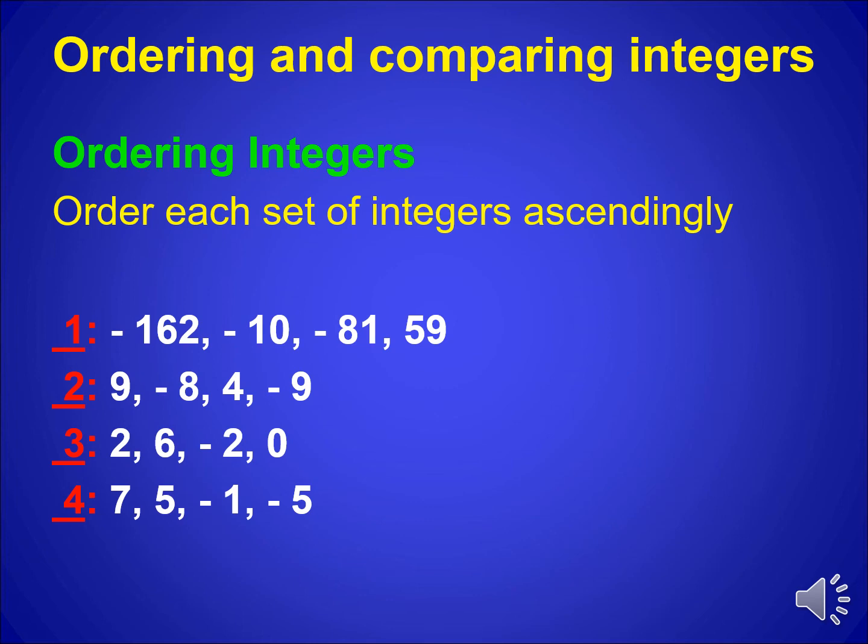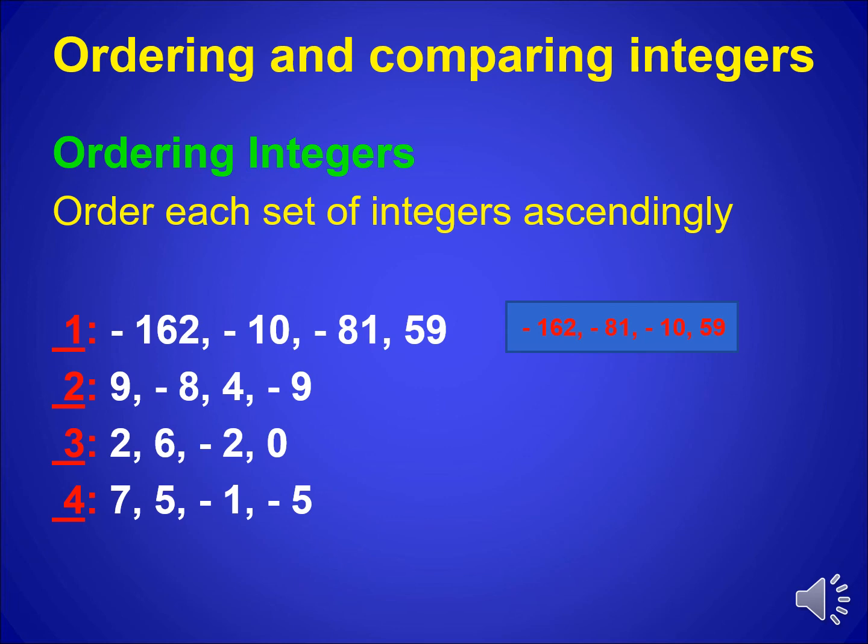That means I'm looking for the smallest negative, right? So what's the greatest in the shape? Yes, it's negative 162, so it's the smallest in the value. So the first number is negative 162. And what's the next? Yes, negative 81. And what's the next? Negative 10. And the last one is the positive number 59.